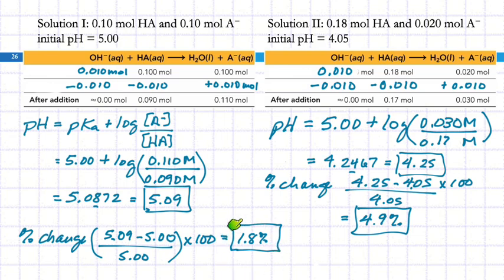But for this one, we got a 1.8% change in pH, and this one a 4.9% change in pH. That's significantly larger. Any questions? So you can better buffer your pH if the amounts of acid and conjugate base are equal.